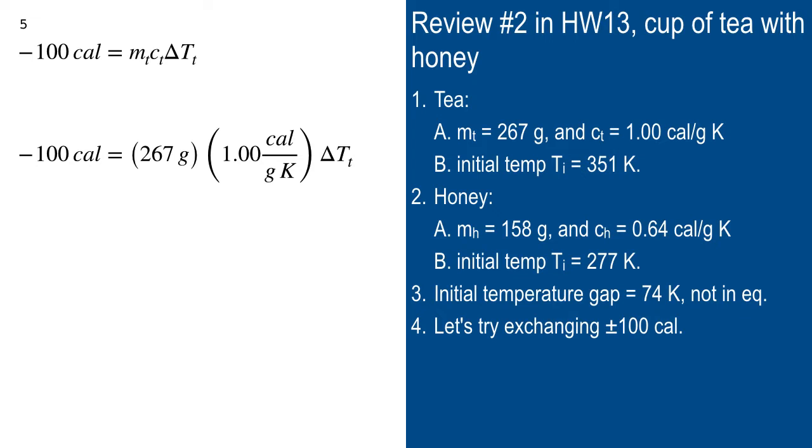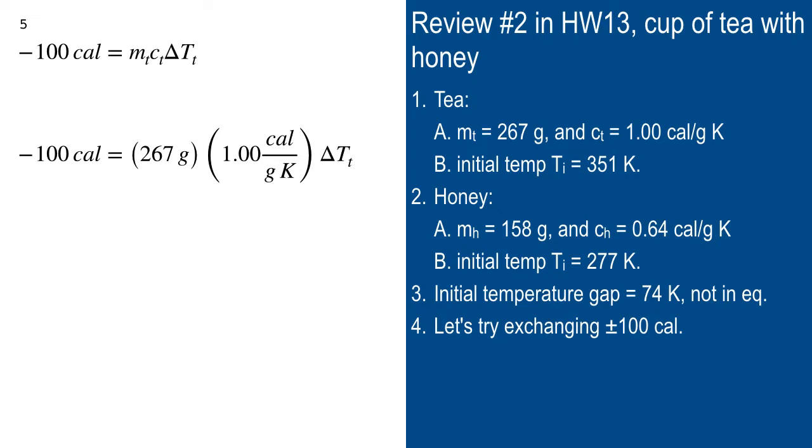Now, let me point out that at this point, on the right-hand side, you can cancel grams. Do you see that? The grams in the numerator of the first parenthesis and the grams in the denominator of the second parenthesis cancel. And actually, left and right, calories cancel, and so you're basically left with a Kelvin in the denominator on the right side.